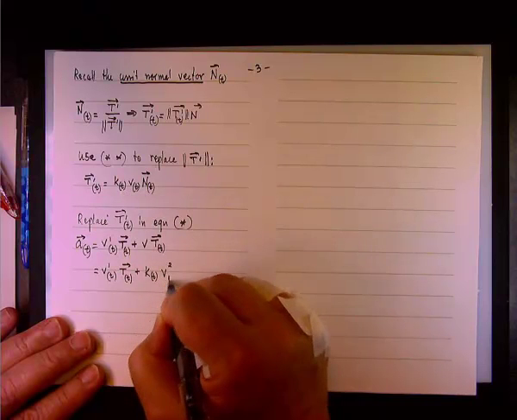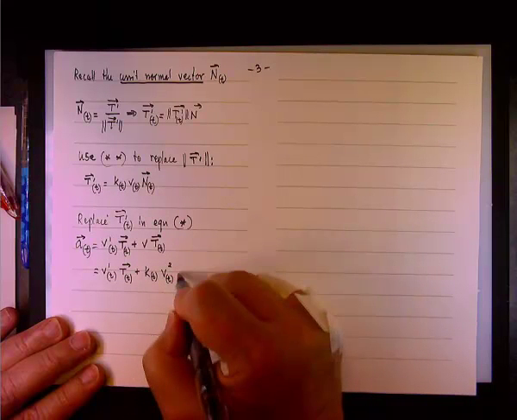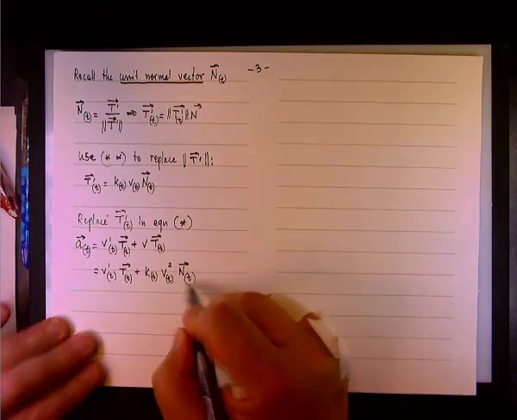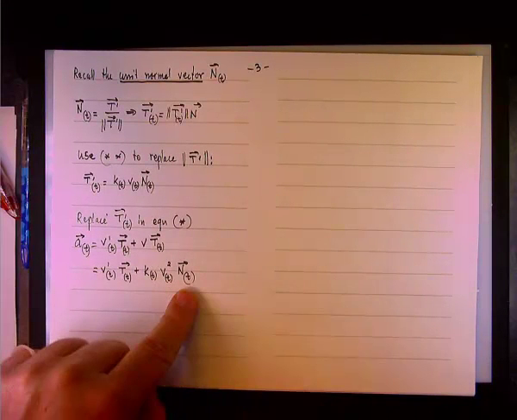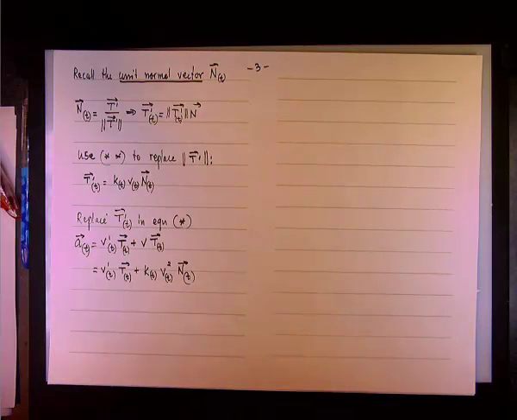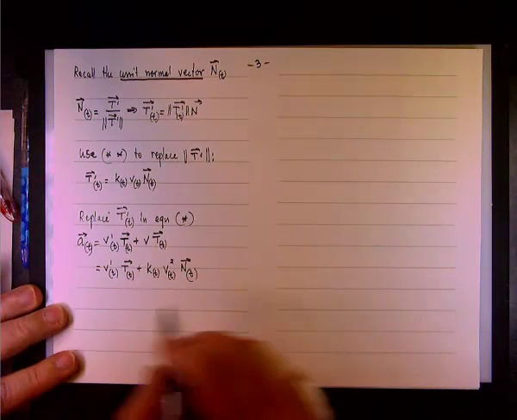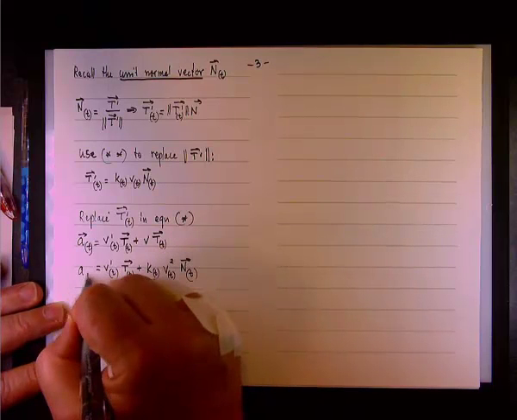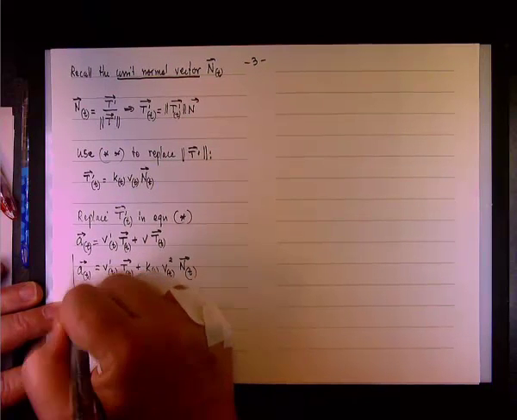Equation star read, if you recall, the acceleration equals v prime t plus, we had v times the vector t prime.